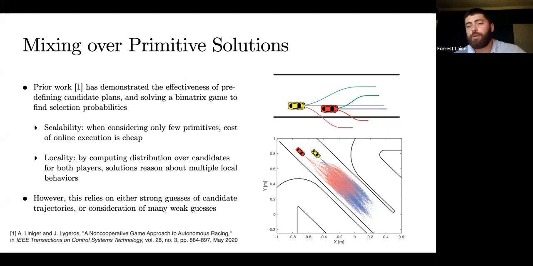Now, the problem with what this prior work did is that because they're just heuristically generating these trajectories, like left, straight, or right, you actually have to come up with a ton of these discrete possibilities in order to be able to consider all the types of behavior you might want to see. Because intuitively, going left, right, or straight more or less covers all the things that you want to do.